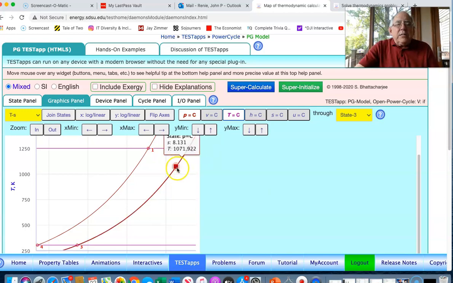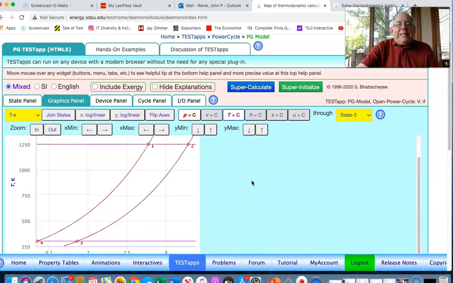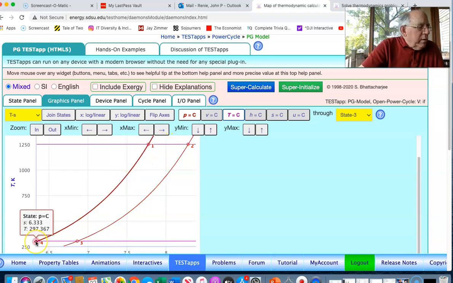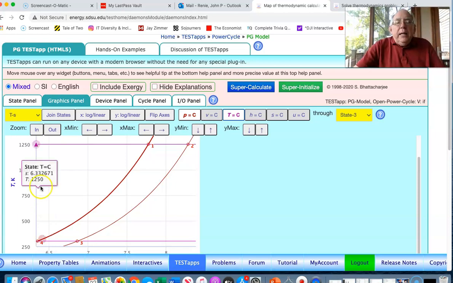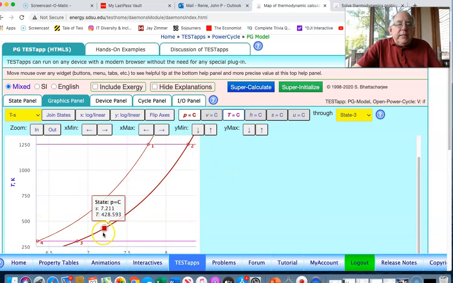Now, what does the Ericsson cycle basically tell us? The Ericsson cycle basically says that any heat transfer between 2 and 3 is actually transferred to 1 to 4. Or saying that the other way, 2 to 3 is the heat as we go through that heat exchanger from 2 to 3.